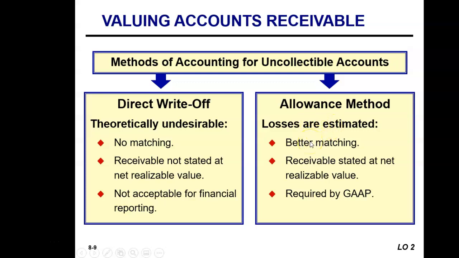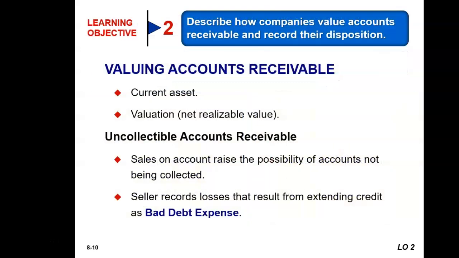It's a better matching of revenues and expenses. Receivables stay at their net realizable value. And this approach is required by GAAP. Meaning, if you are a public corporation, you must use the allowance approach in order to recognize your uncollectible accounts. Okay? Let's go through an example.